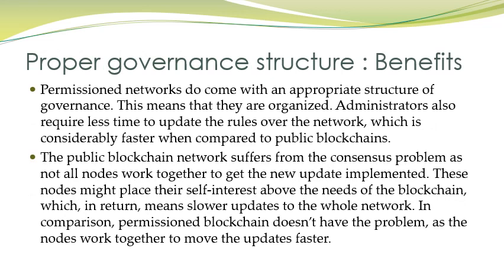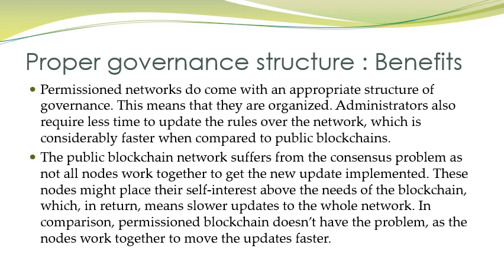The next benefit of the permissioned blockchain is a proper governance structure. Permissioned networks do come with an appropriate structure. As we have discussed in the previous slide, the role of nodes is defined. Some nodes are for validation, some nodes are for identifying the users that will participate in the network.